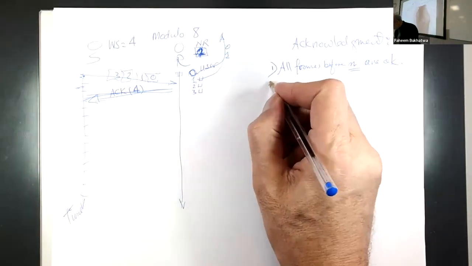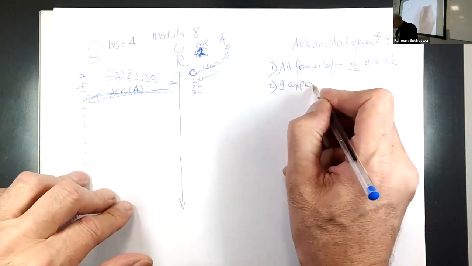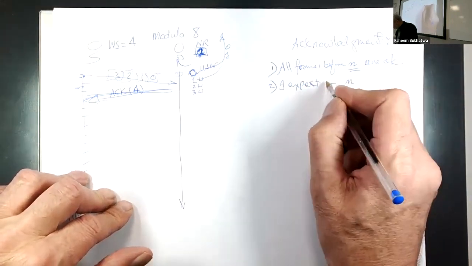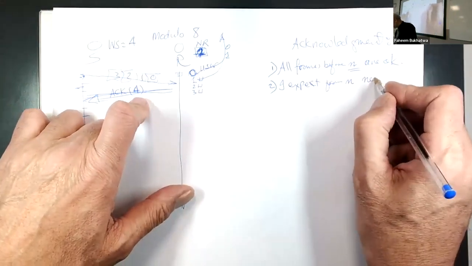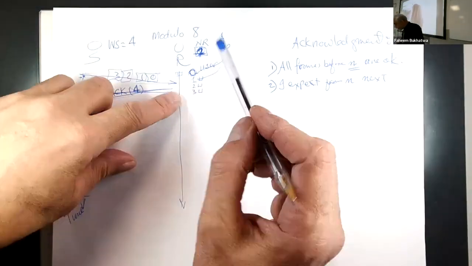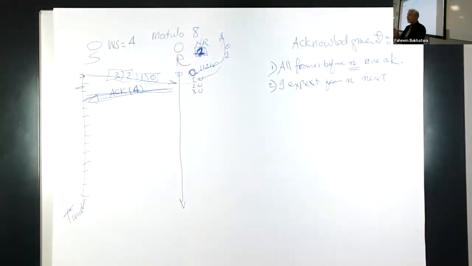It also means something else. I expect frame number N, this number 4 in this case, next from you. So that's what I'm waiting for from you. The number in the acknowledgement is the one that I'm still waiting for you to send to me. But I'm only acknowledging everything before it, which is true, because we got 0, 1, 2, and 3 perfectly, and we want to tell you we received up to number 3.